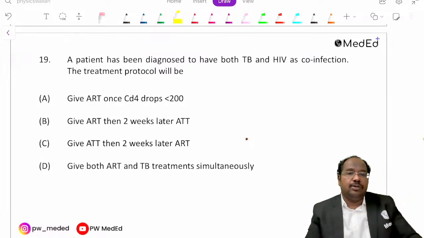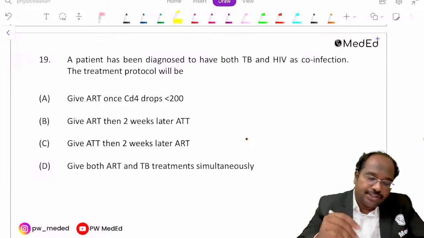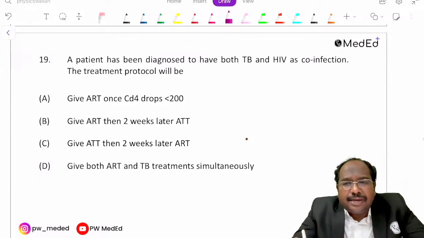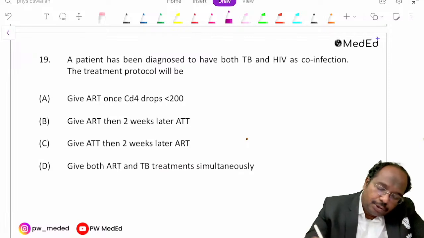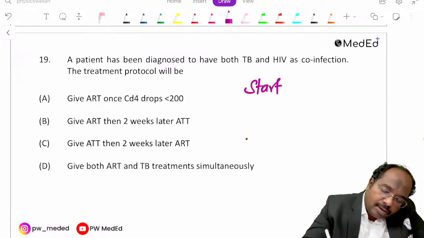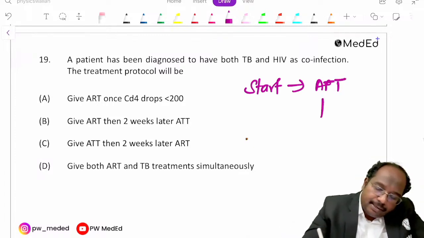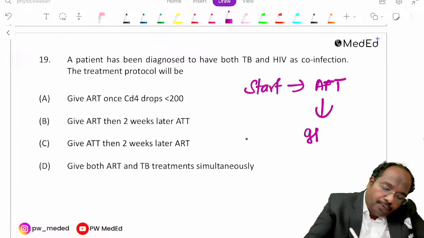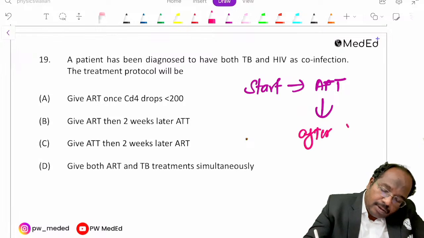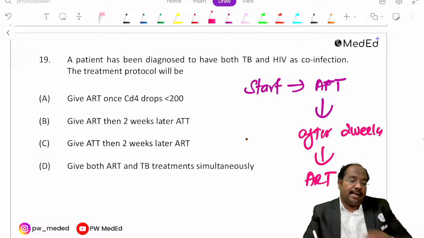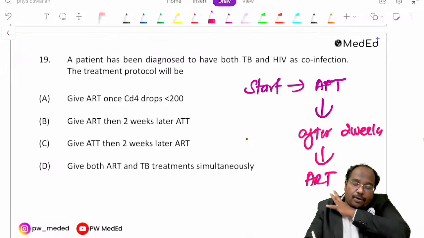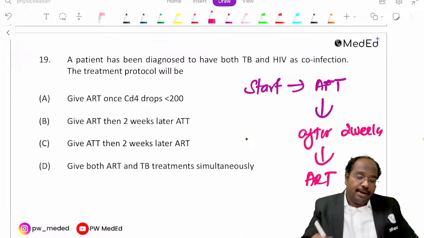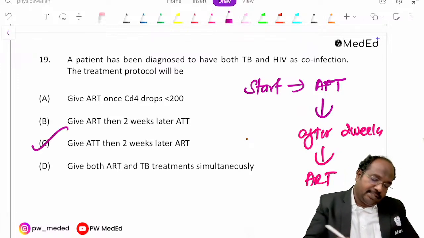You have to start ATT, anti-TB treatment, first, and after 2 weeks start ART. So anti-TB treatment followed by ART. If you do it this way, the answer is this one.